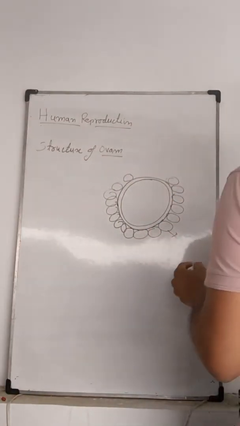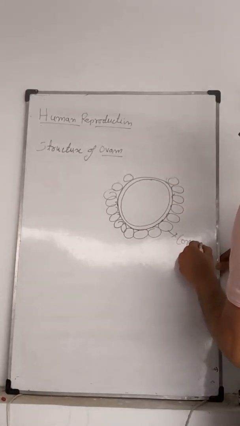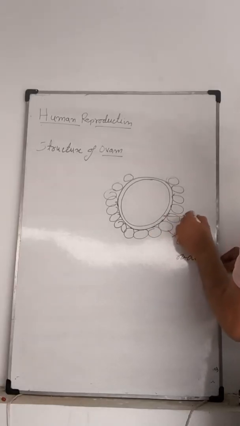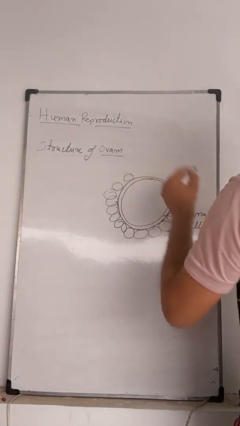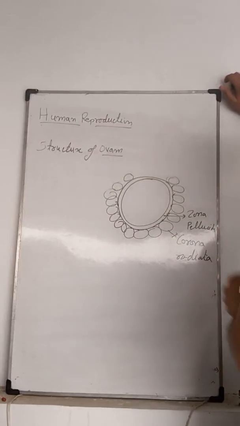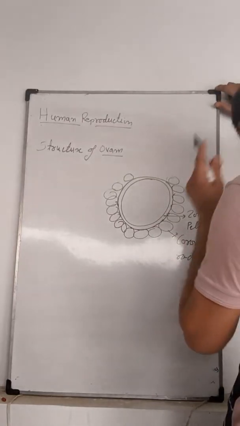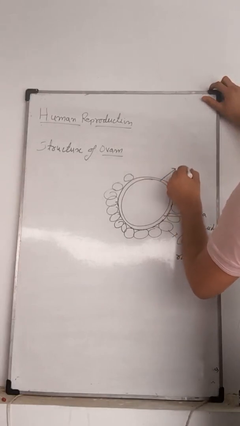This is the corona radiata, and this one is the zona pellucida. Inside the zona pellucida is the plasma membrane, or we can say the oolemma.